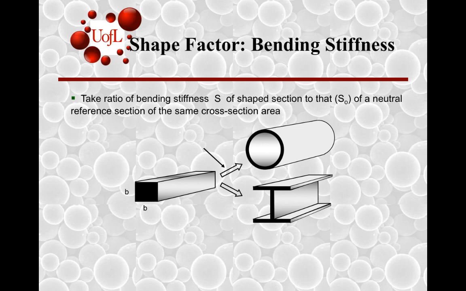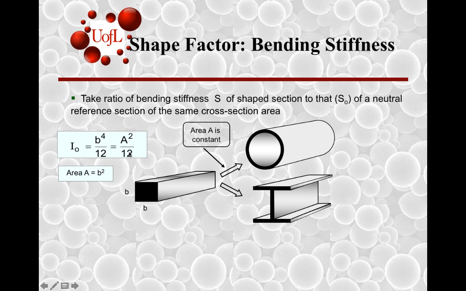In order to be able to compare the effectiveness or the efficiency of utilizing a material for any given shapes as alternatives, let us look at the ratio of the bending stiffness S of any new shaped section on the right to a reference section, in this case a square cross-sectional area, of length B. In this case, the reference area moment is B to the power 4 divided by 12, or since the cross-sectional area is B square, it can be represented as A square by 12.